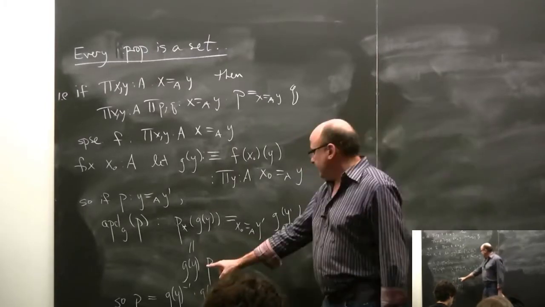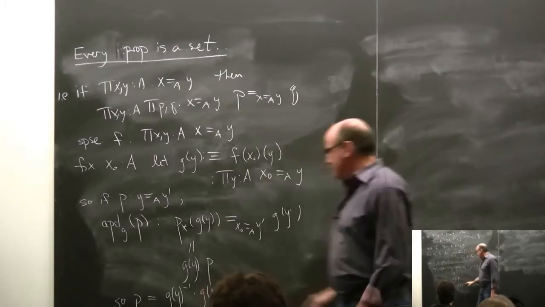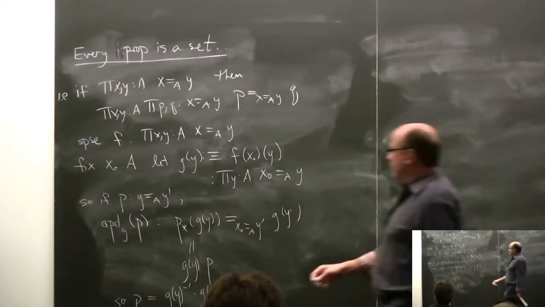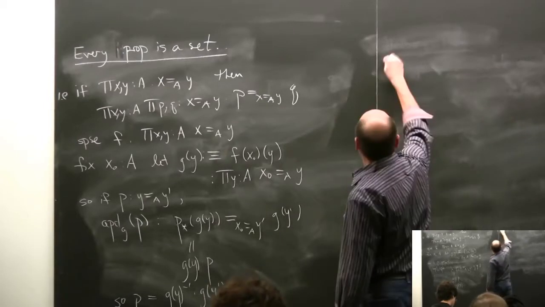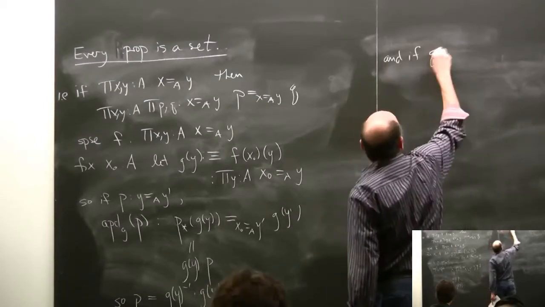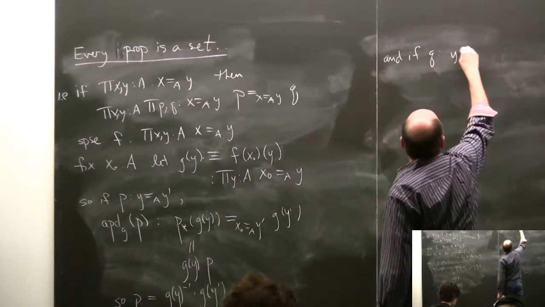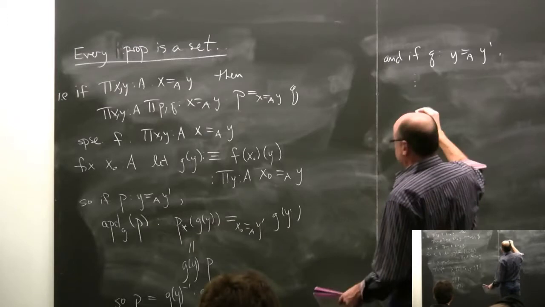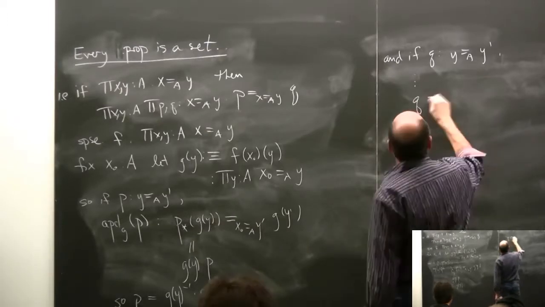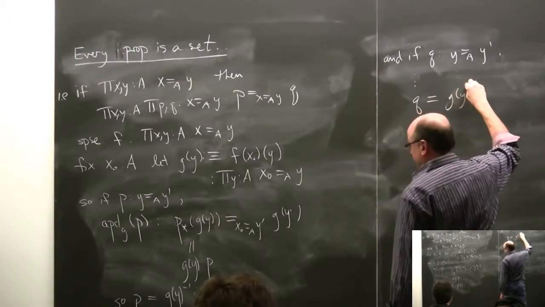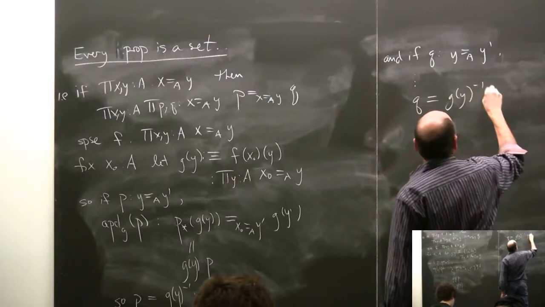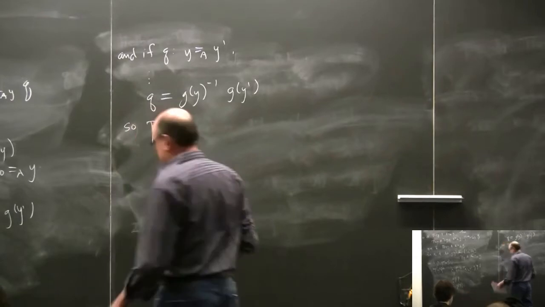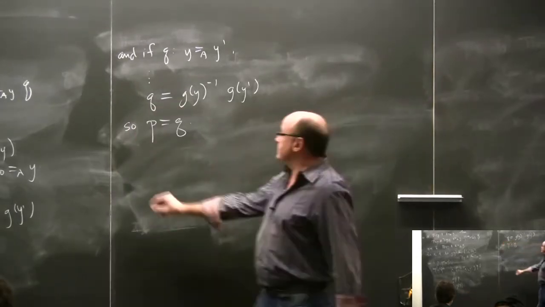And if I take another q, if we do the same thing, also in y equals y prime, then we discover by the same exact pattern of reasoning that q is, lo and behold, g of y inverse times g of y prime, and so p is equal to q. Which is all I needed to finish that.